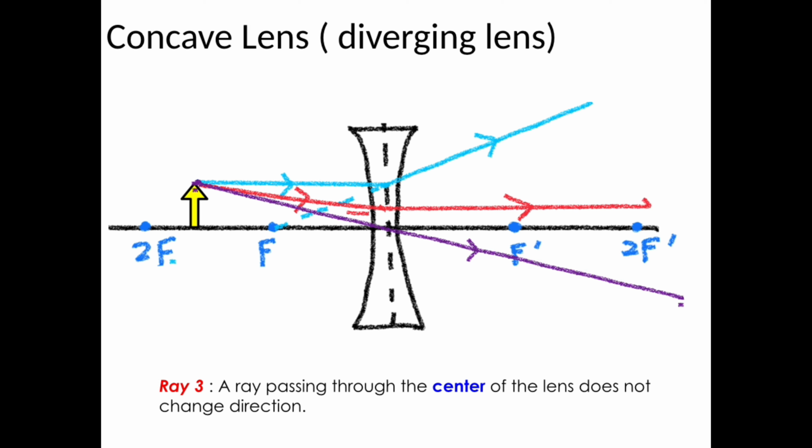So as you can see here, the intersection of these three lines will produce a diminished image on the same side as the object, so that it is virtual and upright.